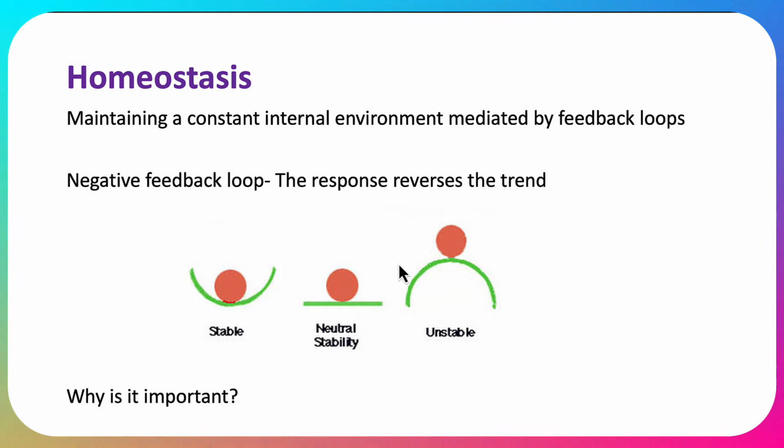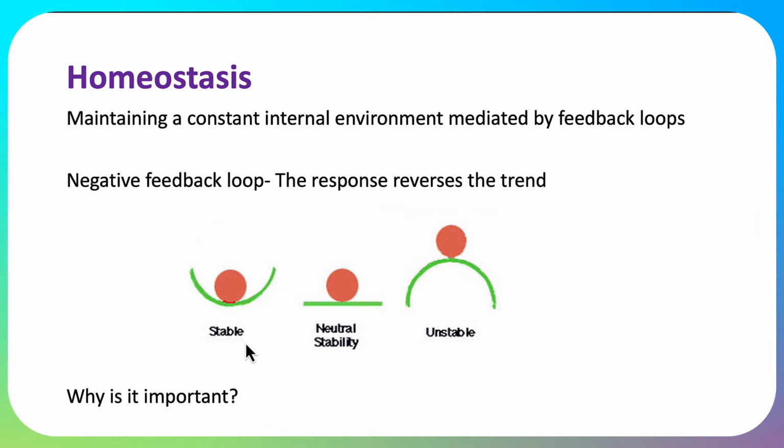So the gravity made it increase. This is a positive feedback loop, and we don't use these in homeostasis. There are examples in the human body and other organisms that use positive feedback loops, but not in homeostasis, because homeostasis is about maintaining a constant internal environment. It's about bringing the conditions back to this set point at all times.